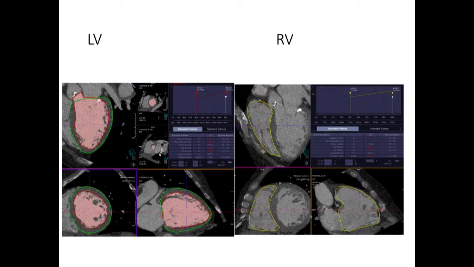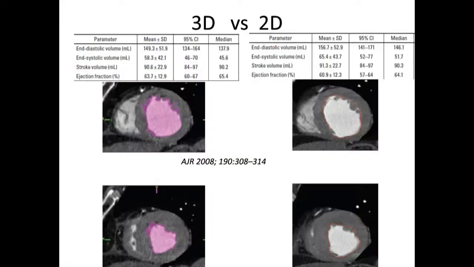If you rotate through the CT lab, you can adjust the threshold. If you want to include the papillary muscle, you increase your sensitivity. If you want to exclude the papillary muscle, you decrease the sensitivity. And RV most of the time is still done with 2D methods. So 3D and 2D methods, okay.